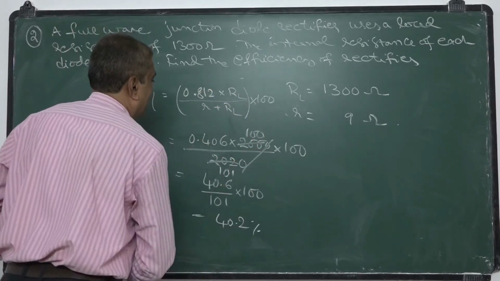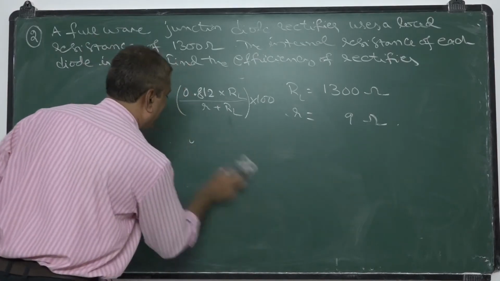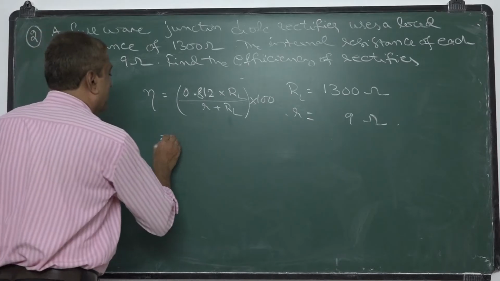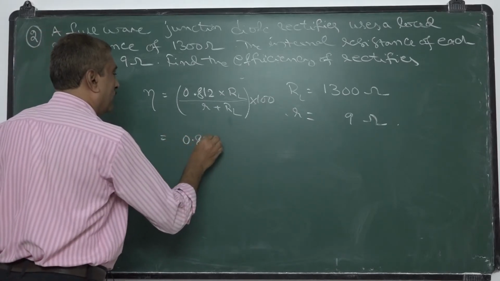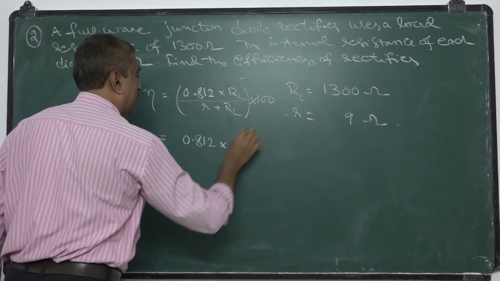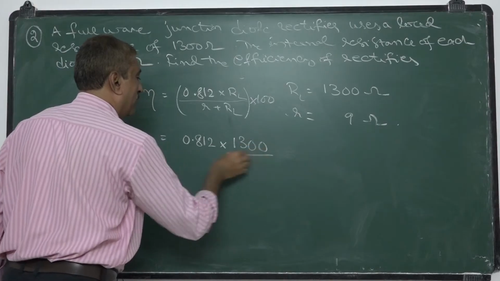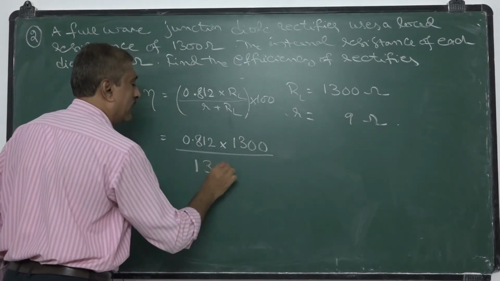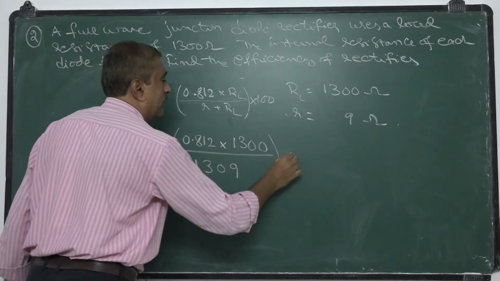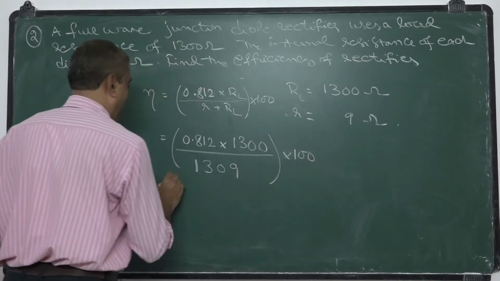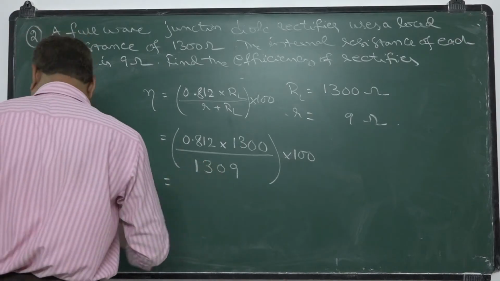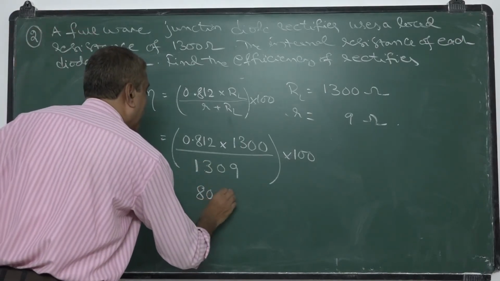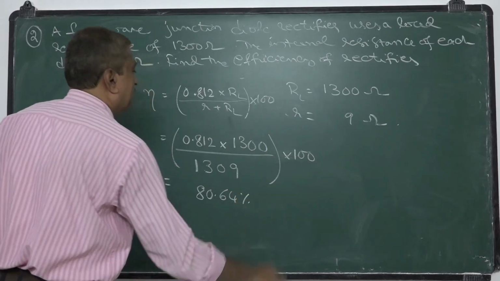Substituting, this is 0.812 into 1300 by 1309 into 100, which is approximately 80.64%.